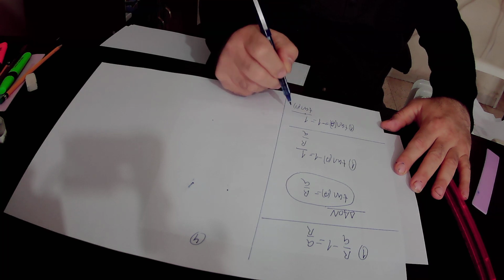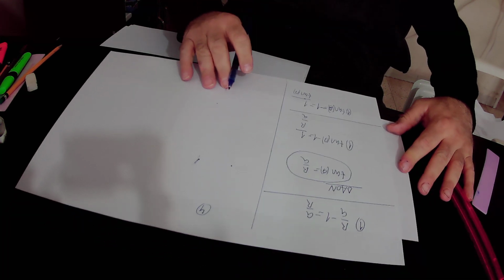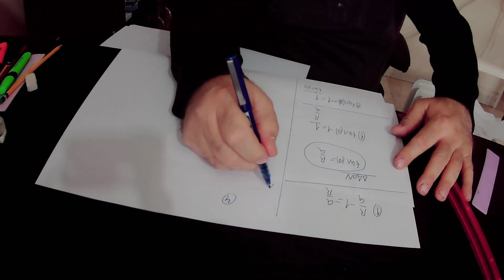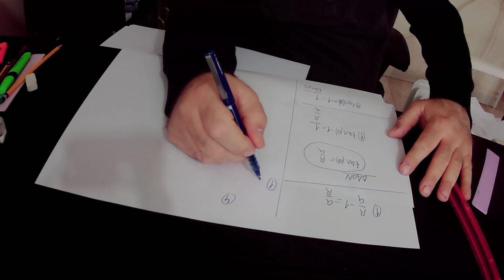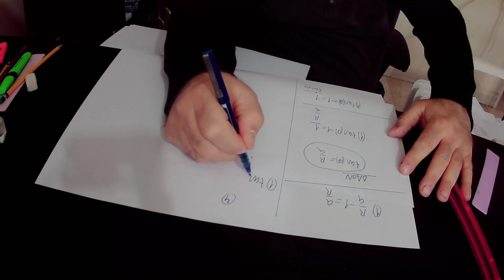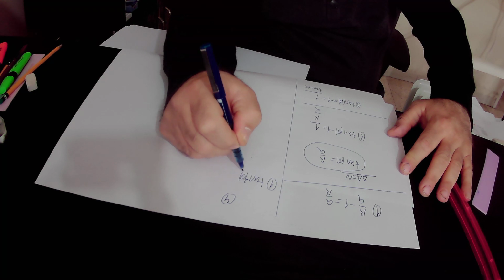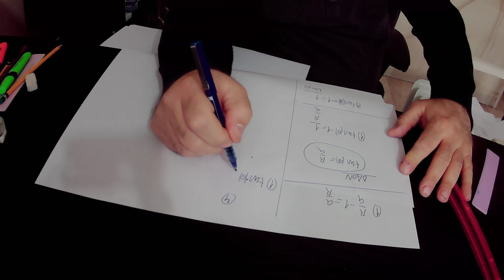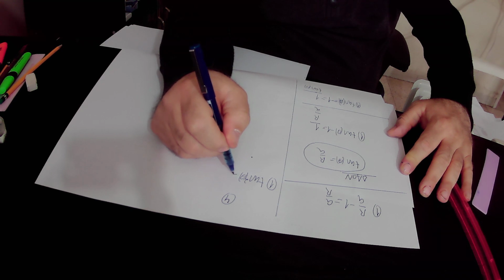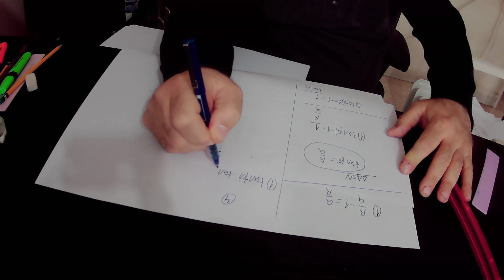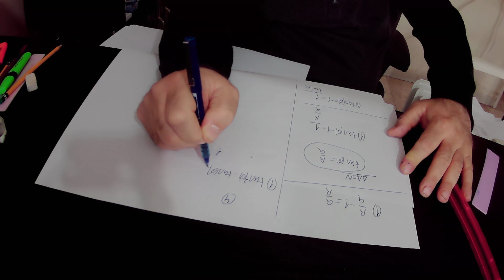We will multiply equation number 1 by tangent theta, and we will get that tangent theta times tangent theta is tangent square theta, and tangent theta times minus 1 is minus tangent theta. It is equal to 1.